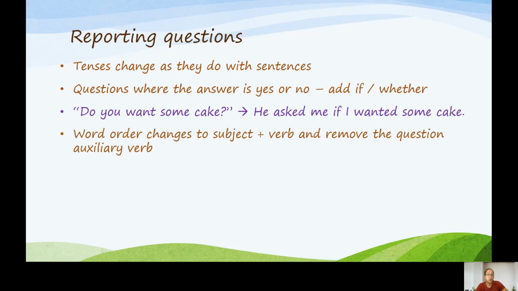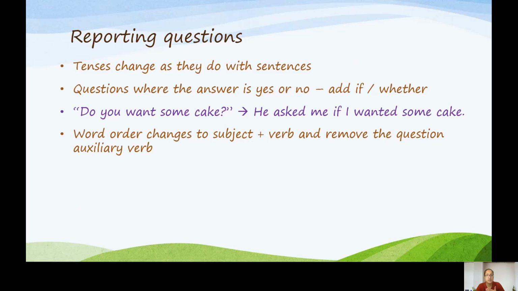The word order changes to a subject plus a verb, and we remove the question auxiliary verb. So if you notice in the previous sentence, do you want is the question order. We take away the auxiliary verb from the question. So do is taken away. And we have the subject followed by the verb.